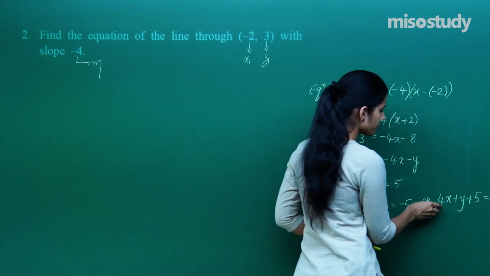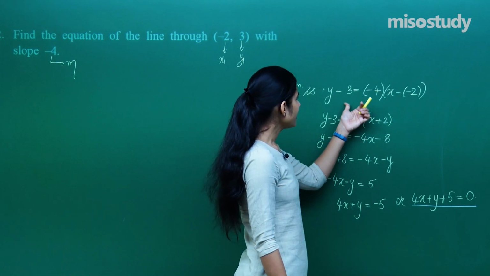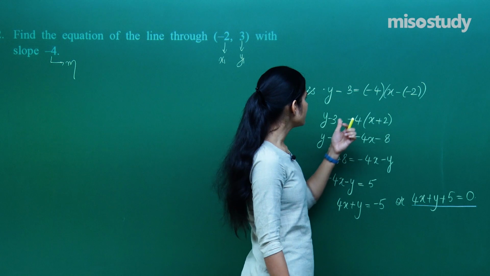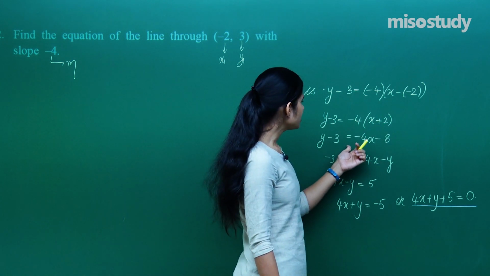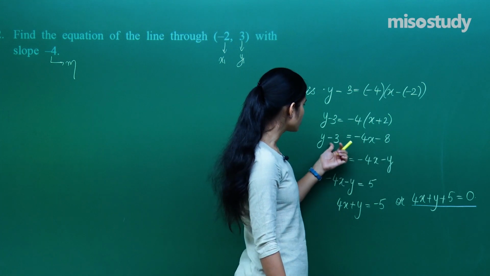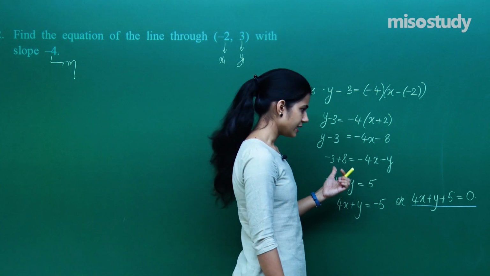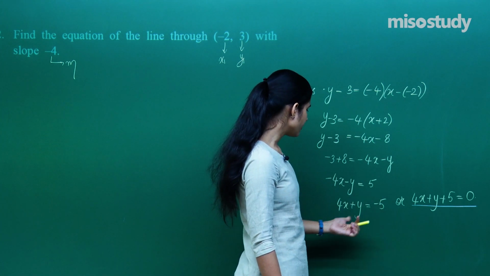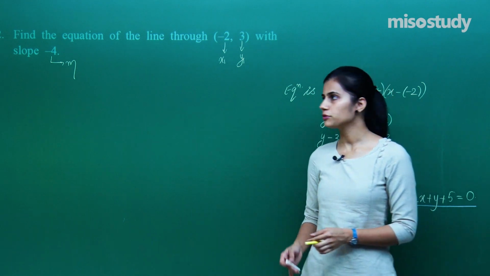It is in the standard form ax plus by plus c equals 0. So at y minus 3 equals -4 times x minus -2, it is y minus 3 equals -4 times x plus 2, which gives you y minus 3 equals -4x minus 8. So -4x minus y will be -3 plus 8. So -4x minus y equals 5, or 4x plus y equals -5, or 4x plus y plus 5 equals 0.